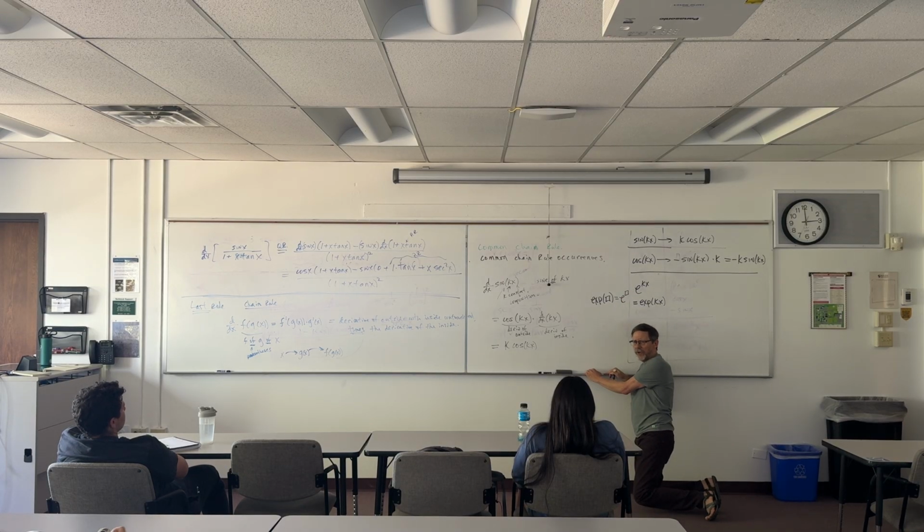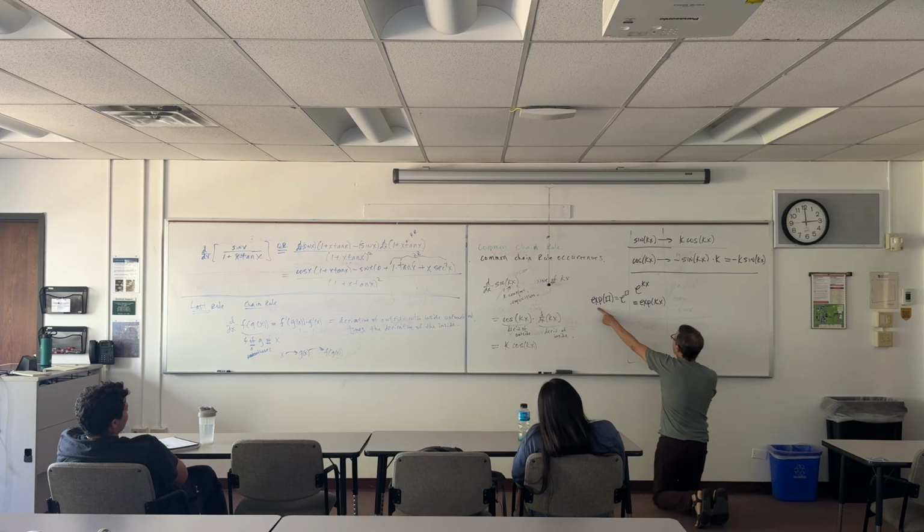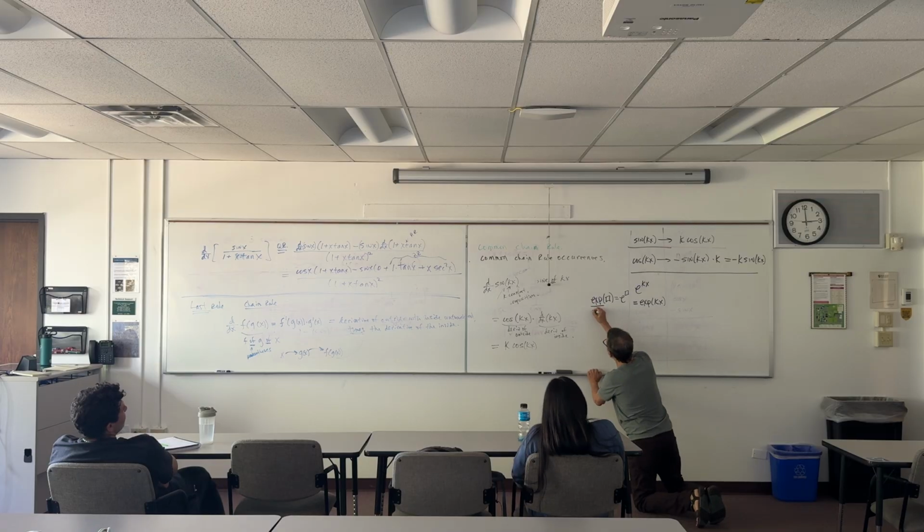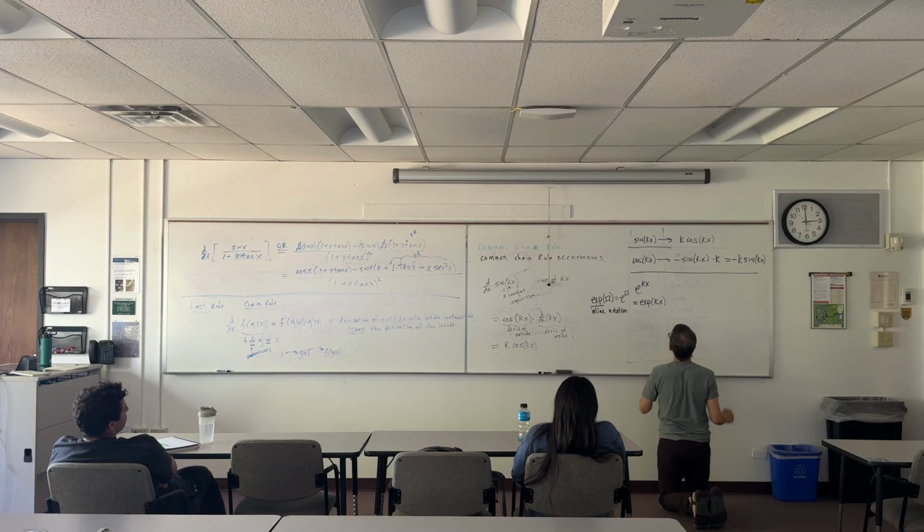Anybody in here code? Anybody ever coded e to some power? Okay, well, if you did, that's how you do it. You would use exp. This is called inline notation. You don't have to worry about exponents or anything.